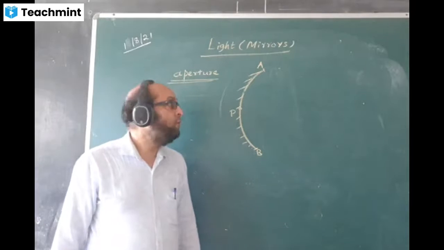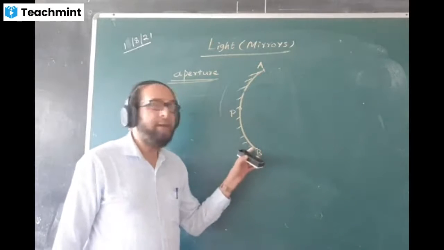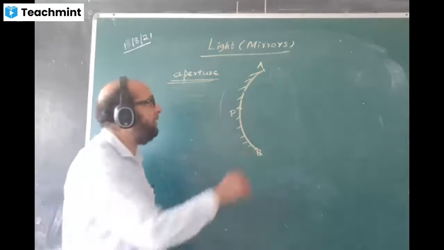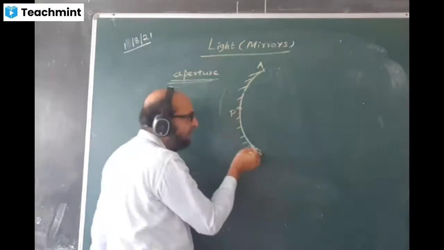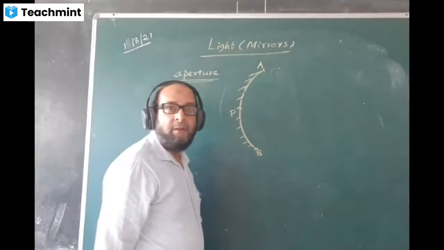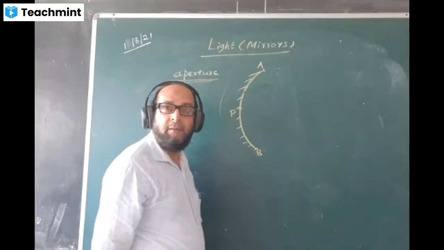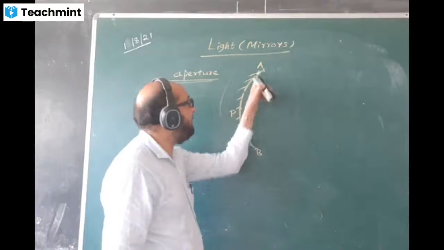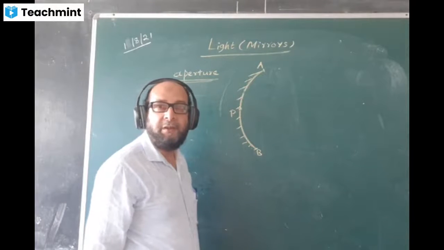If you imagine this to be part of a sphere, and you complete the sphere, it will come out like this. The center of that sphere, of which this mirror is a part, is called the center of curvature.